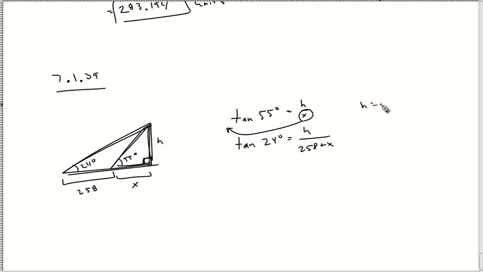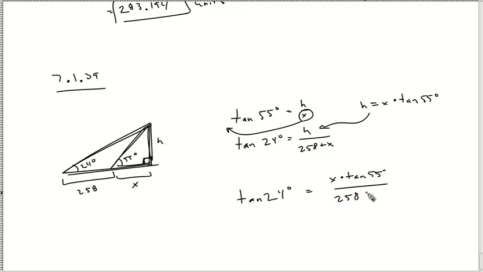So H is equal to X times the tangent of 55. And then I can take that and plug that in right there. So in the end, I have a tangent 24 is equal to X times the tangent of the 55 all over 258 plus X. Solve for X.